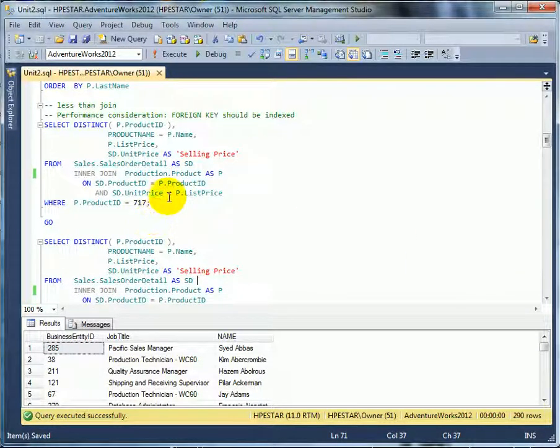Let's do a less than join, and this is when the sales order detail unit price is less than the product table list price.